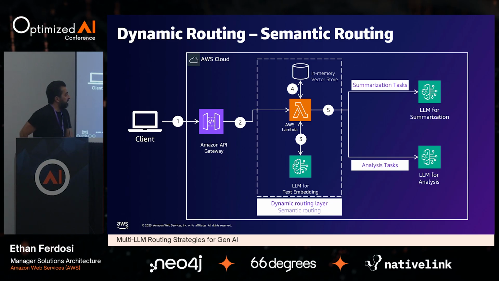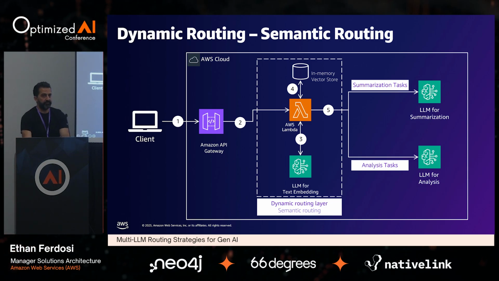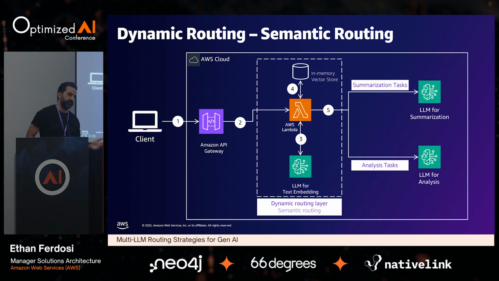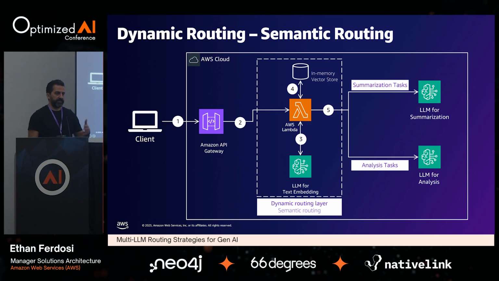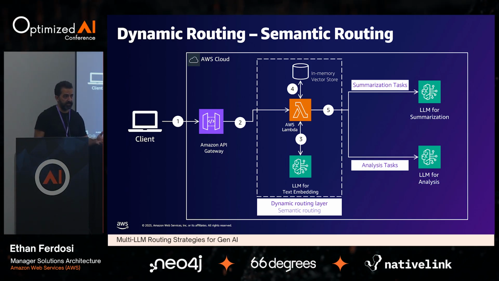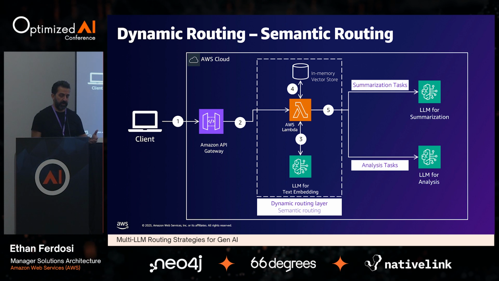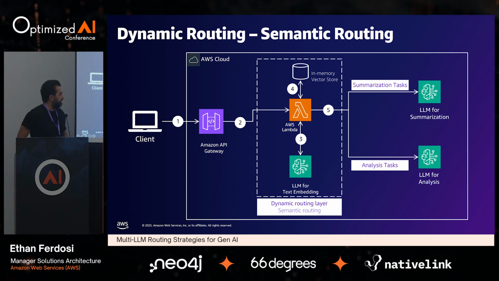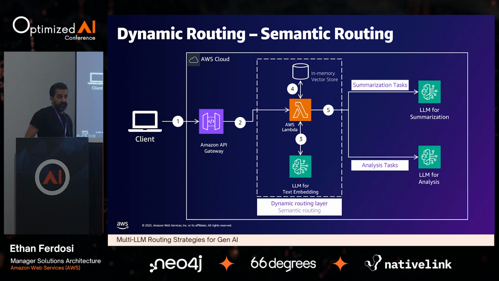Another way of doing that is using semantic routing. I assume that you are familiar with semantic search, but if you're not, semantic search uses text embedding as a numerical vector representation to do the similarity search with the existing vectors or prompts. So what this method does is that when you receive the same request, it sends it to an LLM first for embedding.